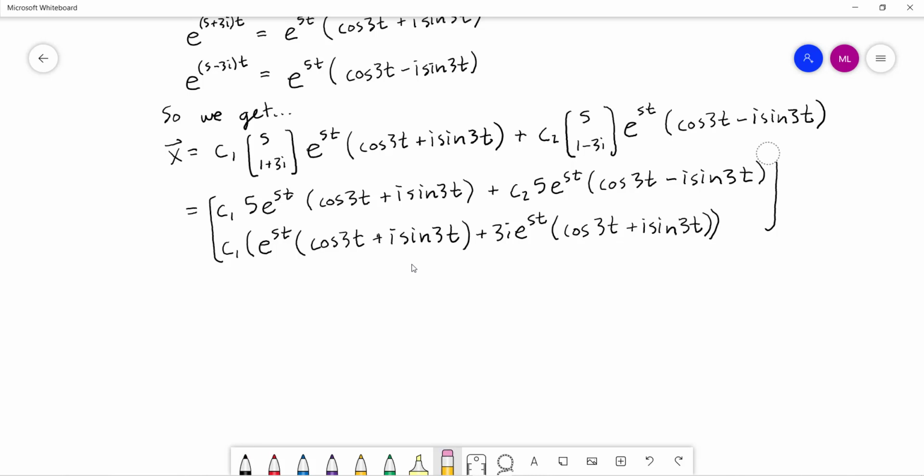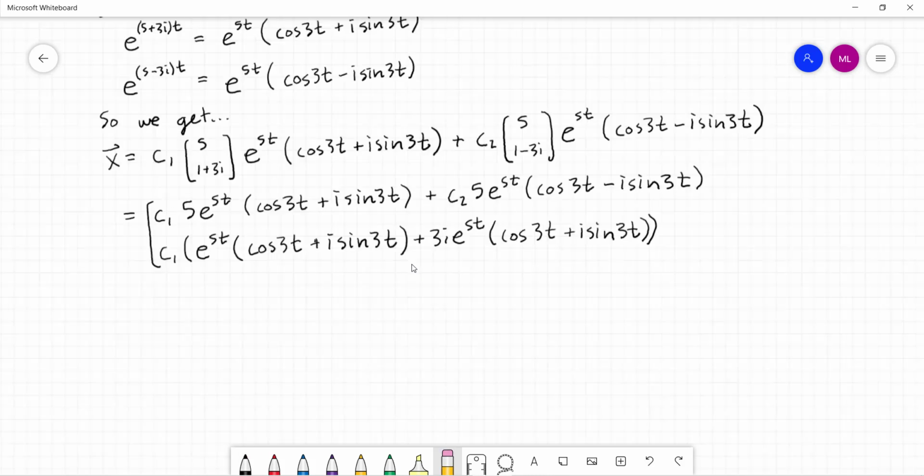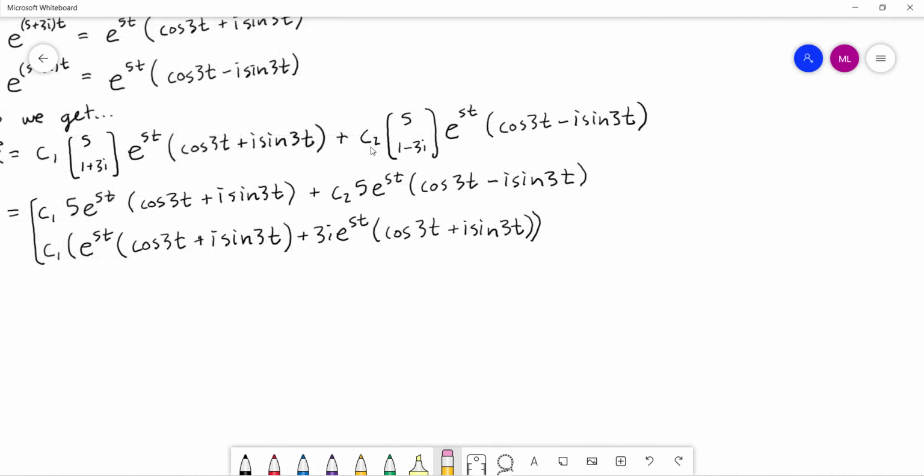I need to erase this because I did not leave nearly enough room, because now I haven't even touched C2 yet. So plus C2, and again on the bottom we'll get the 1 times this whole thing and then the negative 3i times this whole thing. So the 1 times this whole thing is going to be e to the 5t (cosine of 3t minus i sine of 3t).